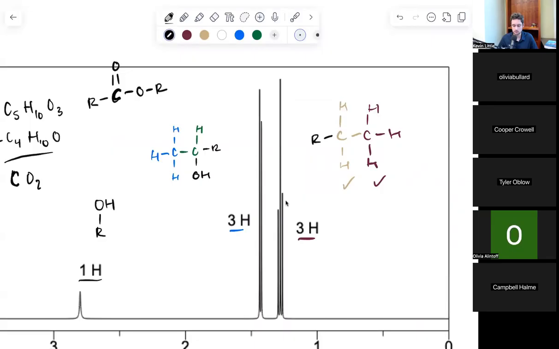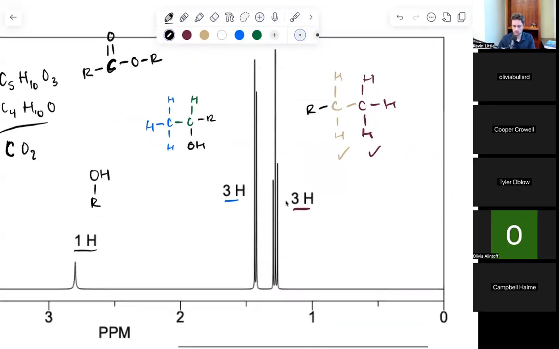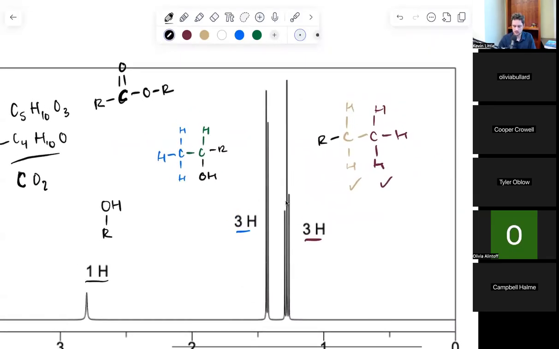So here's the question. If I piece these together, I'm going to draw my fragments out.